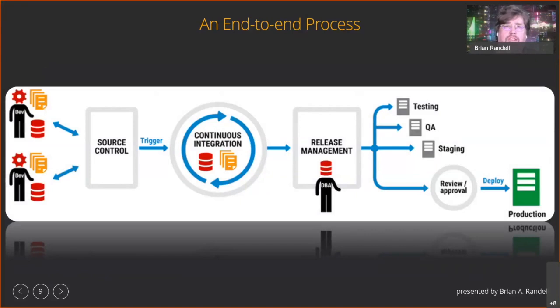And what we want to do is set up an end-to-end pipeline that allows developers that are focused on databases to check in their changes to source control and have the same workflow we've hopefully already been doing for 10, 15 years in our organizations, where we do continuous integration, which at a minimum is a process where we go through and validate the input from the developer with other developers.